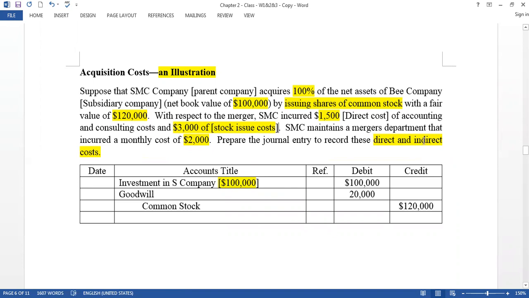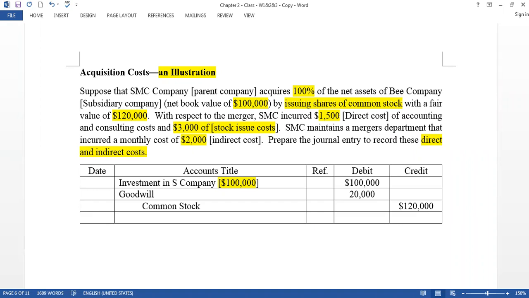And they have a merger department. They also incurred some cost. So this is not direct, this is their indirect cost. When it is a direct cost, if any brokerage firms help you to buy another company and you pay them the money, this is the cost related with the market. Do you understand?